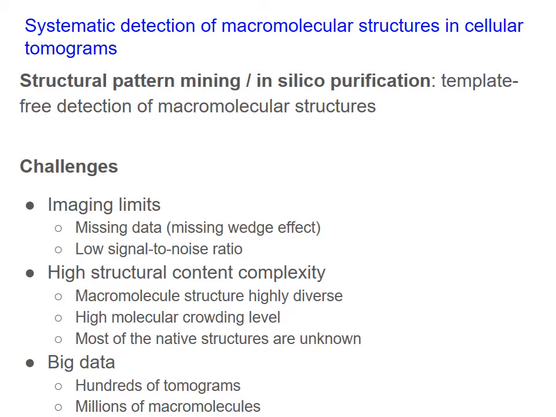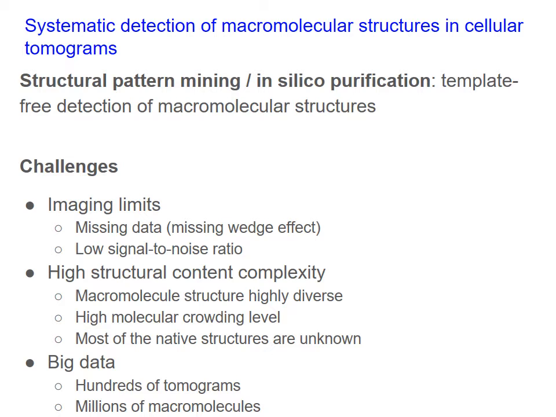And also, because this 3D imaging technique captures all the macromolecular structures together with ultrastructures and other organelles at once inside a subregion of a cell, there is a great degree of structural complexity. For example, the macromolecular structures are very diverse, and there could be a high molecular crowding level. And also, most of the native structures are unknown.